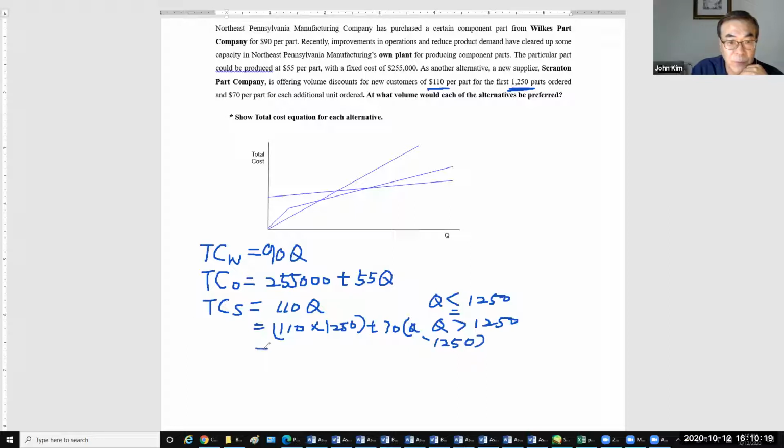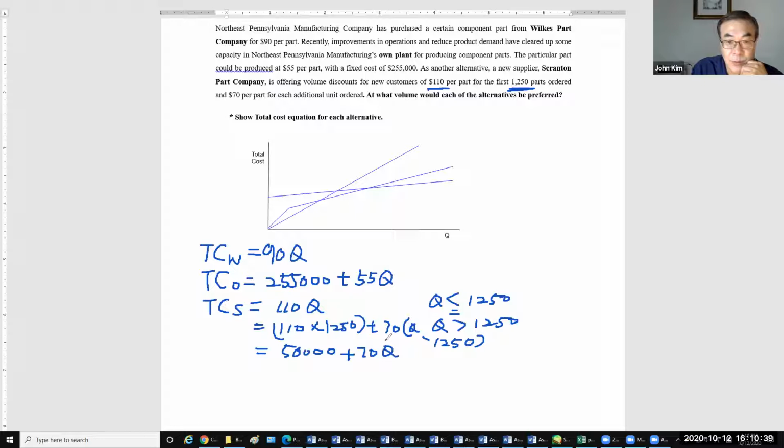So by calculation, that will be 50,000 plus 70Q.